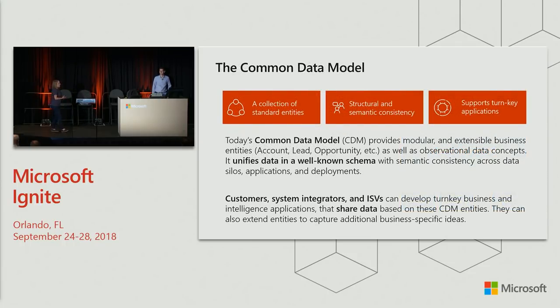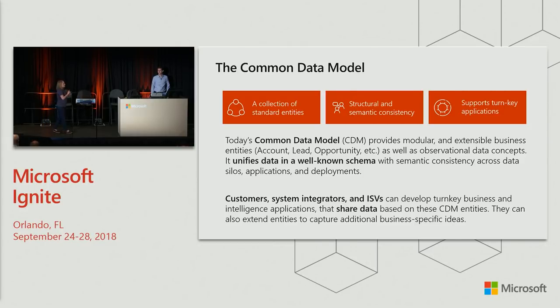So this is where the Common Data Model comes in. And when we talk about today's Common Data Model, we really talk about three things. First, it's a collection of standard entities that are modular but also extensible. And they're focused on business concepts such as account and lead and opportunity, but also observational concepts, so things that might be collected as a user's interacting with a web page, for example.